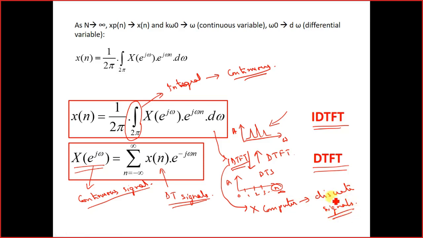This is one of the disadvantages of the DTFT and IDTFT transformation pair. How can we overcome this problem? We can overcome it if we sample this frequency spectrum.